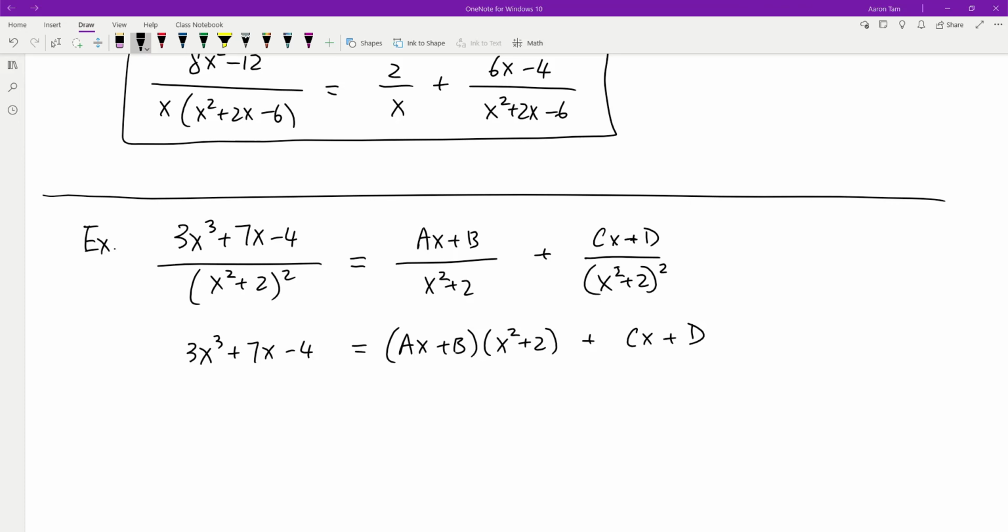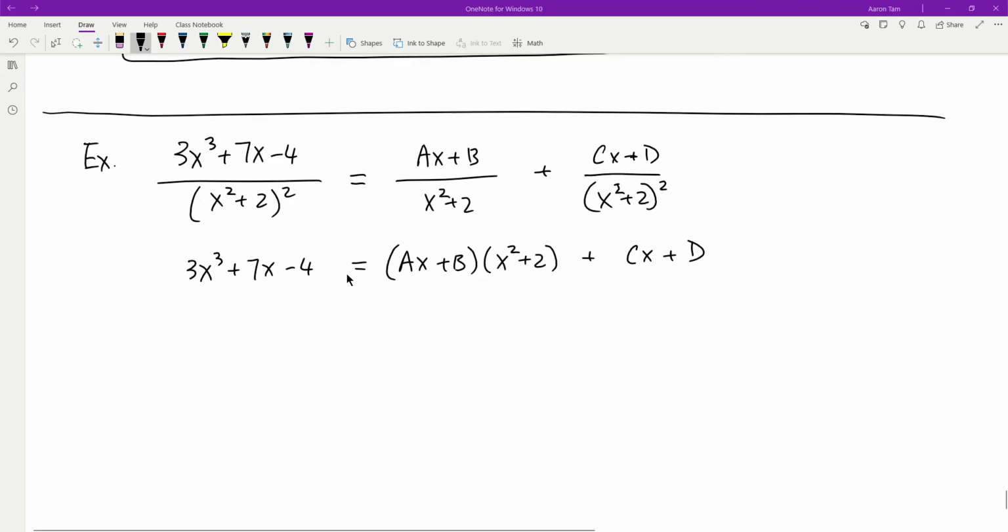So we have no choice but to solve for these 4 things kind of manually. What we can do right now is basically let x equal 4 different numbers and then try to solve for A, B, C, and D. That will result in a system of 4 equations, 4 variables.